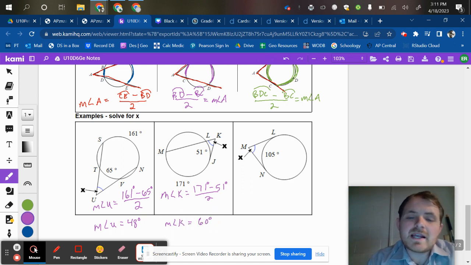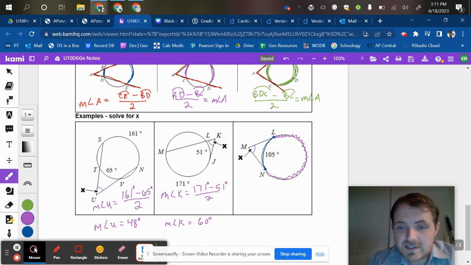And now the last one, I couldn't just say it's as straightforward because we've got this arc of 105 right there. And then you got to think a little bit about what this outside arc should be. When I was looking at my notes, I was like, oh, 360. Well, the whole thing is 360. So that purple arc there is going to be 360 minus 105 because the purple and the blue together make 360.